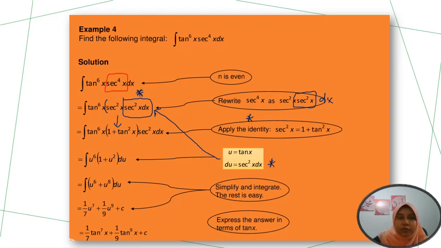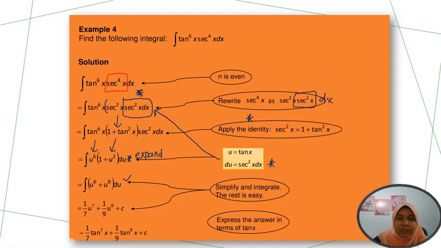Okay, then we substitute u equal to tangent x. So tangent x power of 6 equal to u power of 6, times 1 plus u power of 2, times du. Then we expand this function. So we get this function.